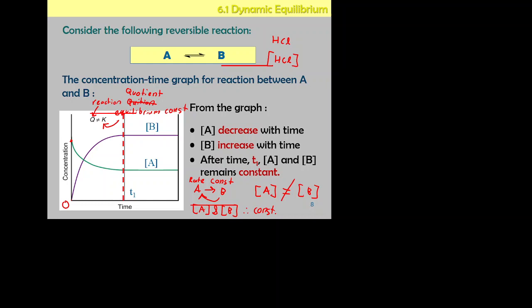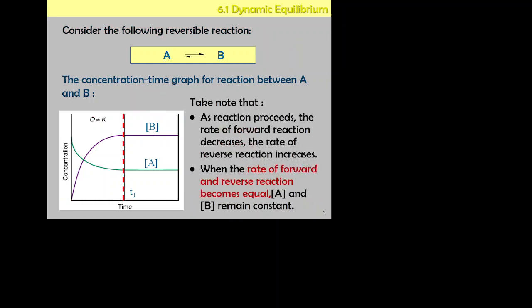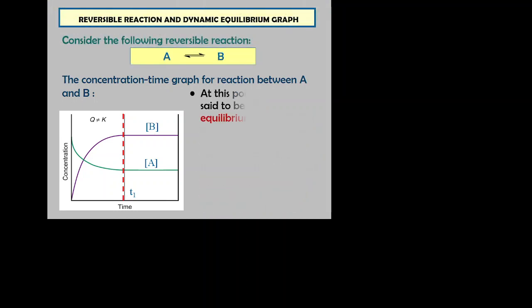Okay, at equilibrium apa yang sama is the rate. Okay, kadar is the kadar, which is the rate of A changing to B and B patah balik ke A. Okay, A tukar ke B and B tukar ke A balik. Okay. So this is the key point dia lah.